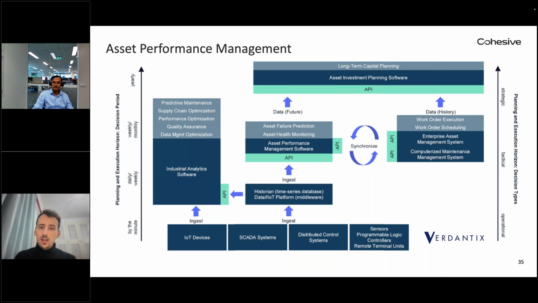A key thing, and now I'm starting to introduce more technology to this from the asset performance management front, that Verdantix covers that I don't think is explicitly detailed in the Gartner discussion, is that we do have a number of these APIs. And so essentially Verdantix's view is that some of these systems won't be aggregated into a single system itself, but rather systems need to have capabilities to interface and to talk to each other.